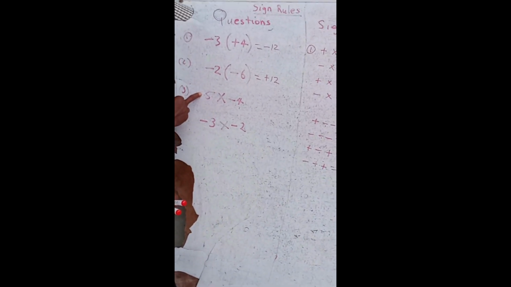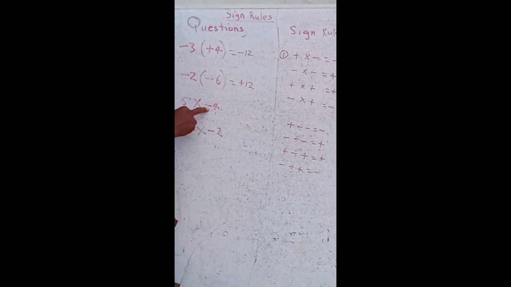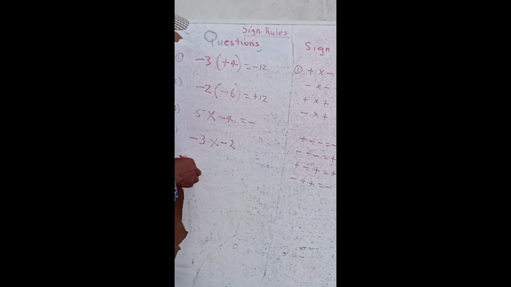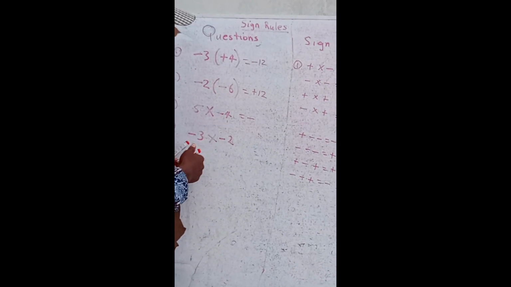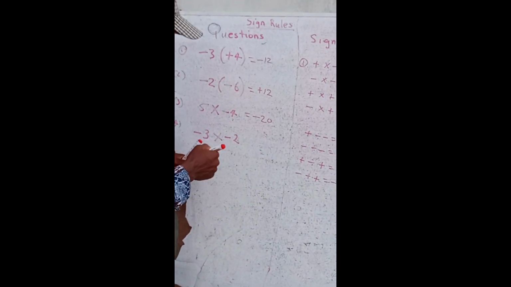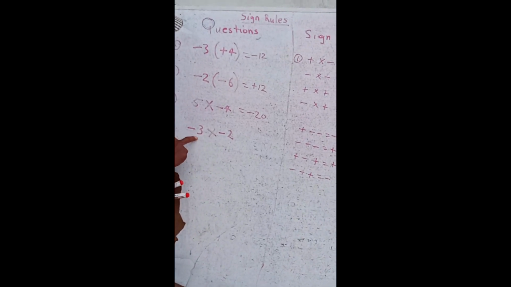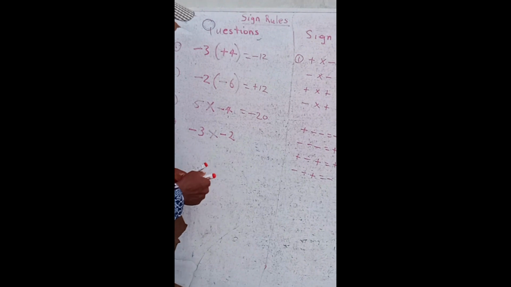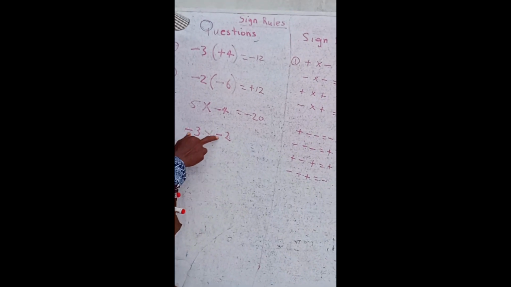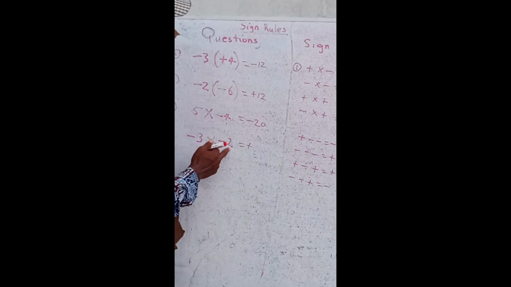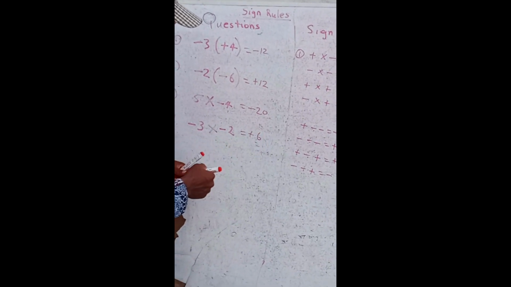So the plus will times minus, and it will be minus. And 5 times 4 is 20. Now the last one is minus 3 times minus 2. Minus times minus is plus. 3 times 2 is 6. That is how it is done.